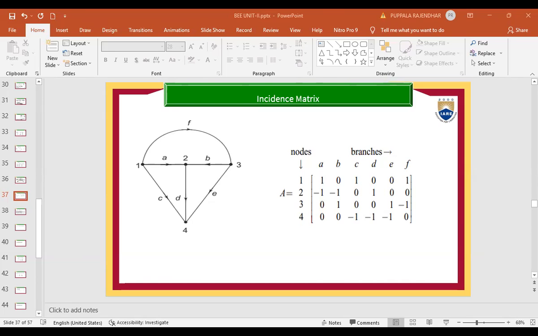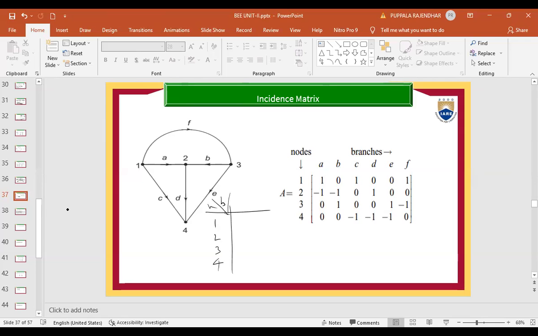See, how many number of nodes we are having? 1, 2, 3, 4. This is nodes versus branches.